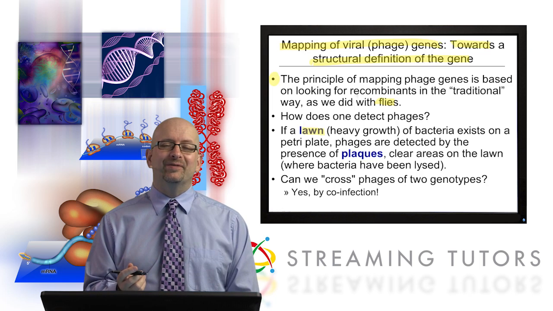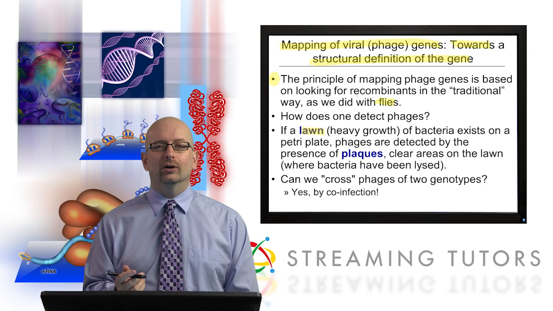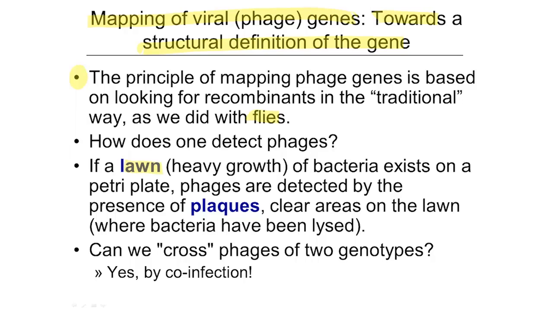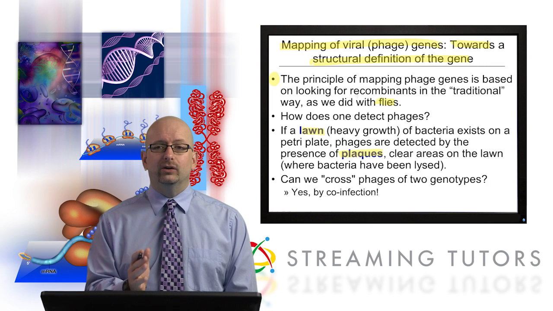In fact, bacteriophage means bacteria eater. They don't really eat them, but they do destroy them. So you get these so-called plaques. A plaque is a clear area on the lawn where the bacteria have been killed, so they're no longer there. You can literally see a hole on the lawn. That's the way that we can detect them.